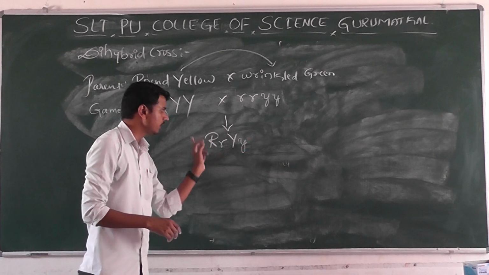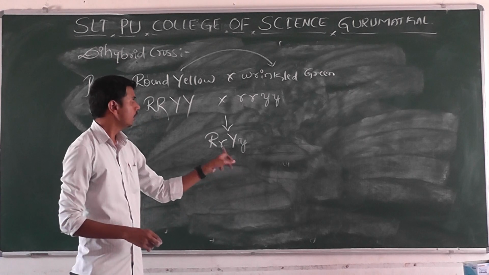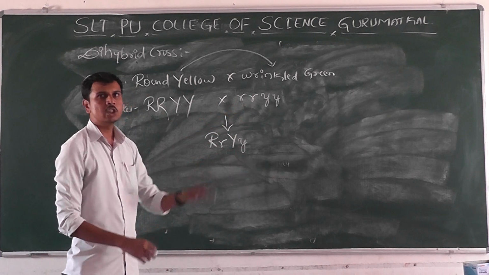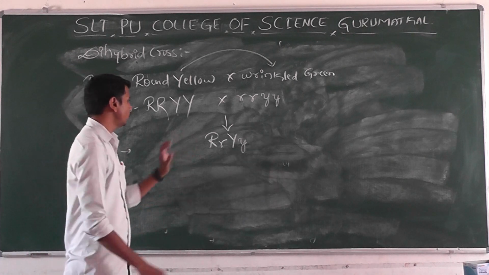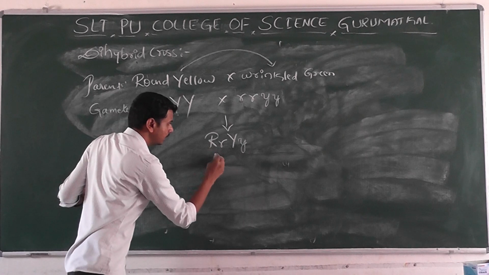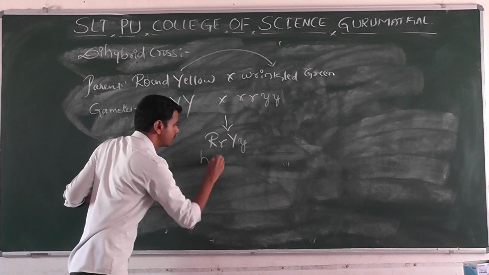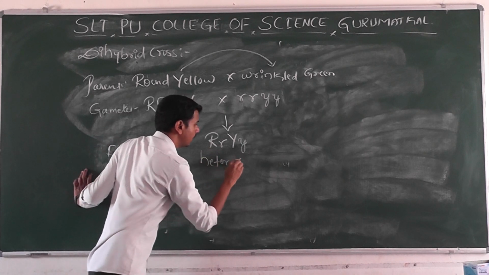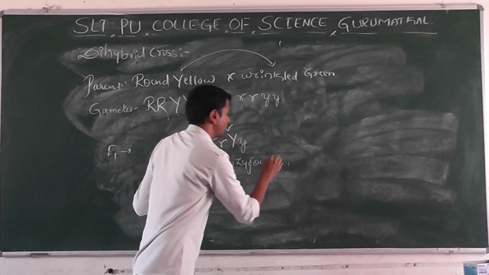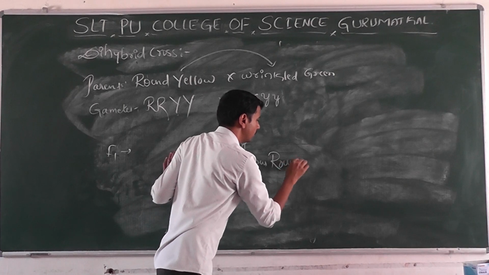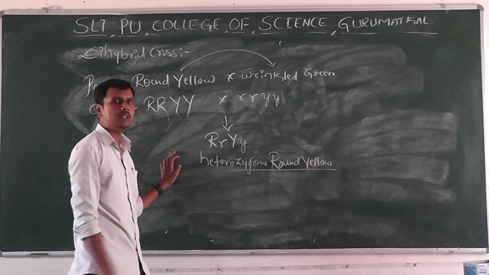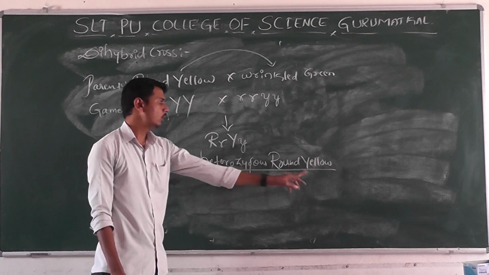So in the F1 generation we will get capital R, small r, capital Y, small y. Here we are going to get all heterozygous round yellow.